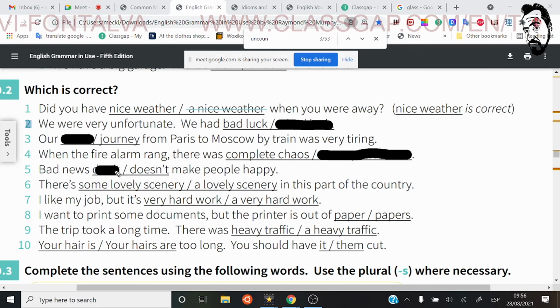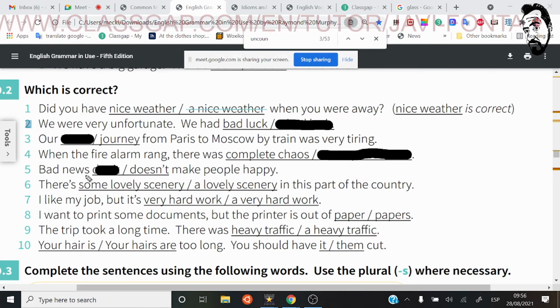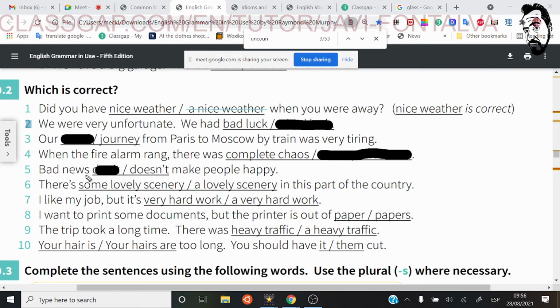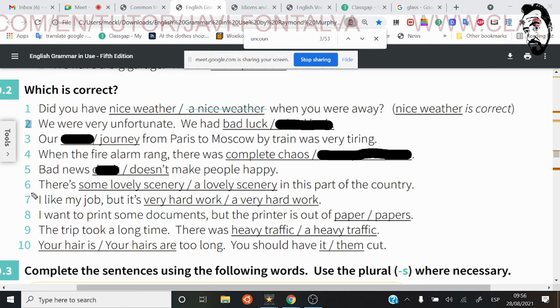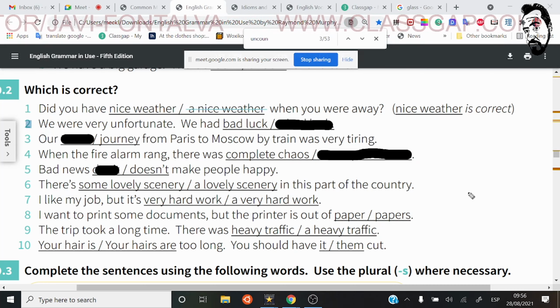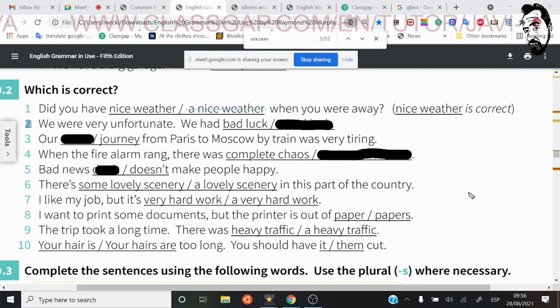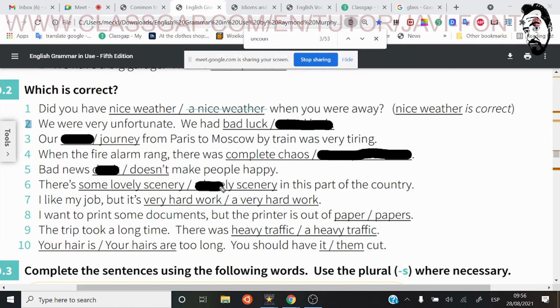So remember, even though you see this S here, news is singular. It's uncountable. It cannot be plural. So bad news doesn't make people happy. 6. There's some lovely scenery in this part of the country.